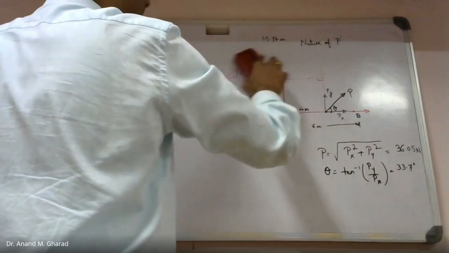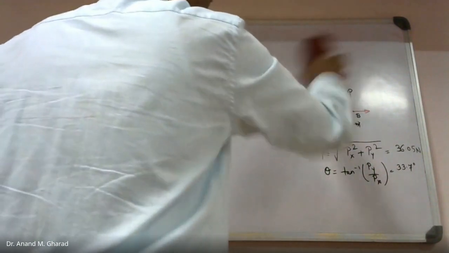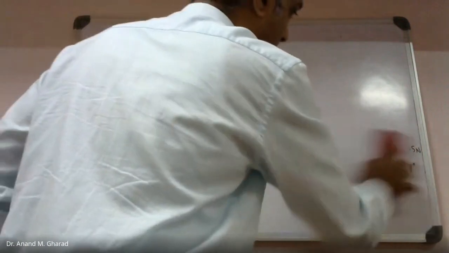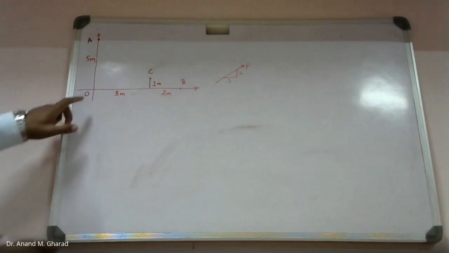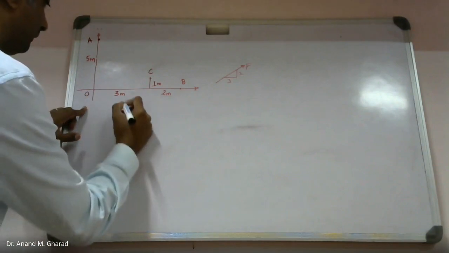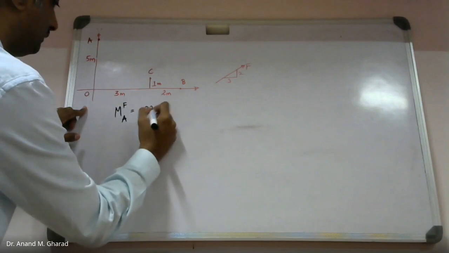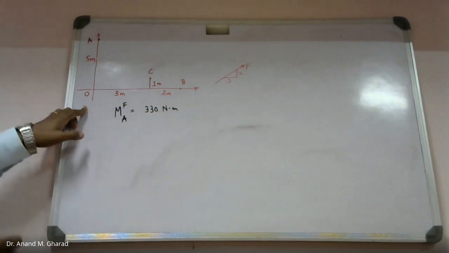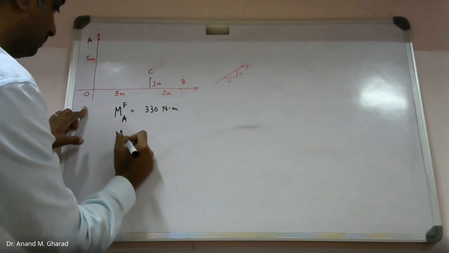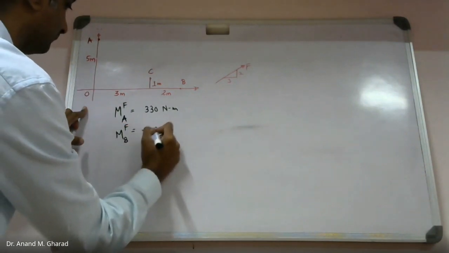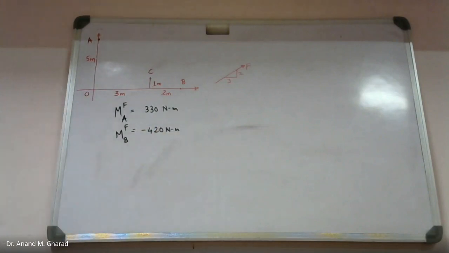One more thing is given. Rather, two things are also mentioned. One thing is that because of this force F, clockwise moment of 330 Newton meter about point A. That is moment about point A due to F, 330 Newton meter, which is clockwise, and a counterclockwise moment of 420 about point B. This thing is given.